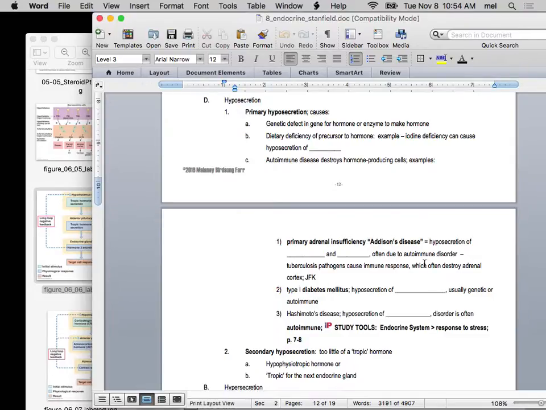Insulin, yeah. And then Hashimoto's disease is last, and Hashimoto's disease is hyposecretion of what? T3 and T4. Yeah, that's the one we were talking about. And that's autoimmune. It usually hits in your 30s to 50s, more often women than men. Although, didn't somebody ask about this in this class? I can't remember.